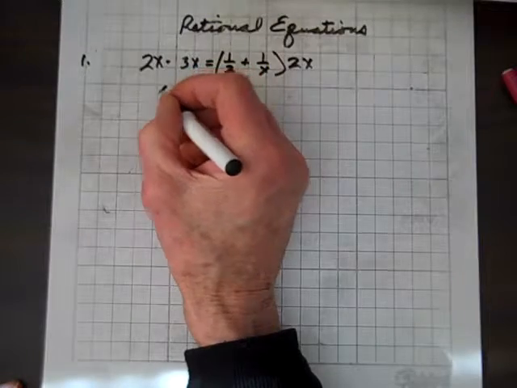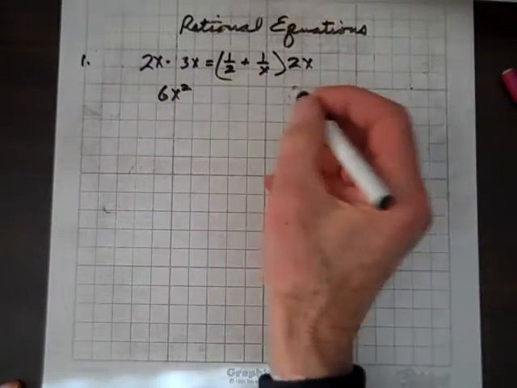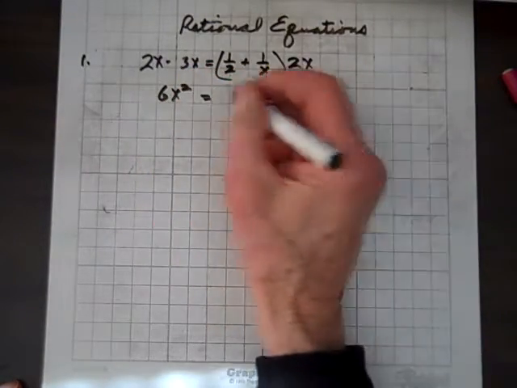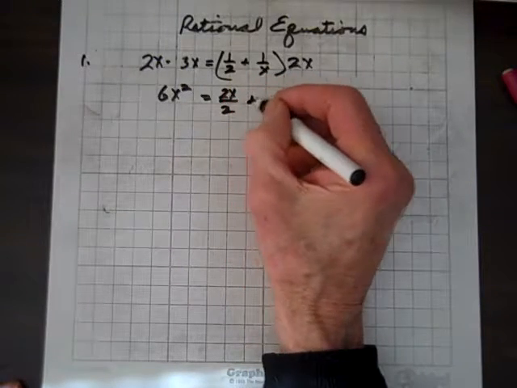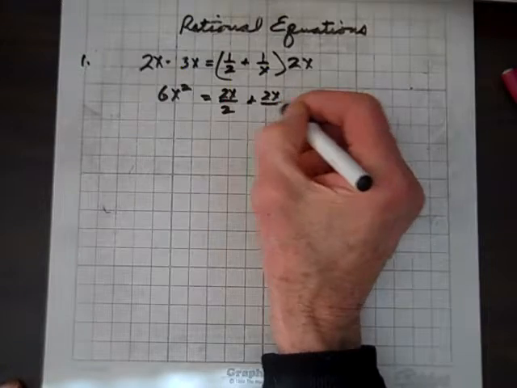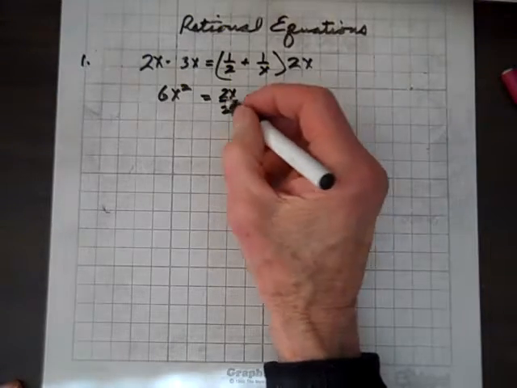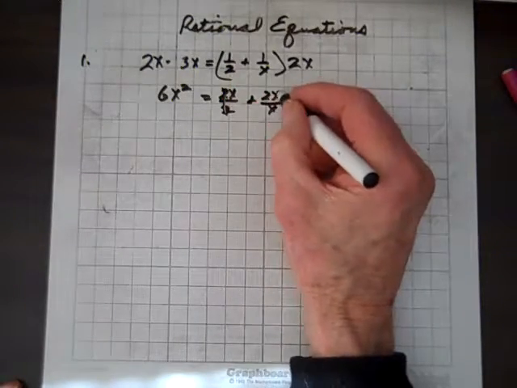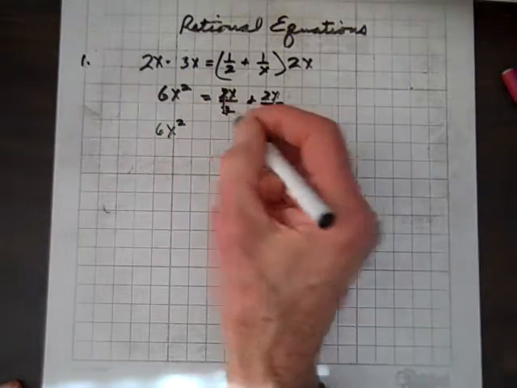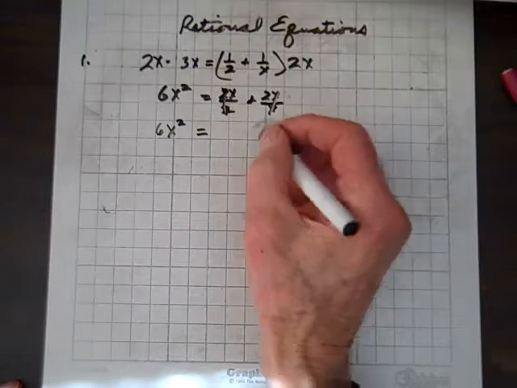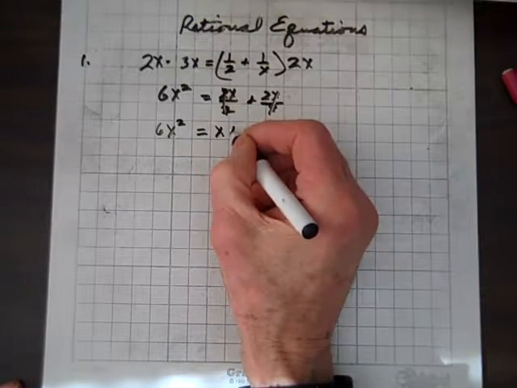And on the left we get 6x squared, and on the right we have 2x over 2 plus 2x over x. And here the 2's divide out, here the x's divide out, and we get 6x squared equals x plus 2.